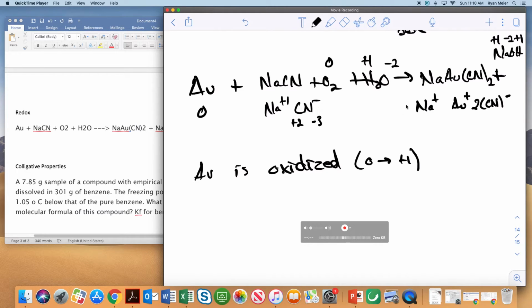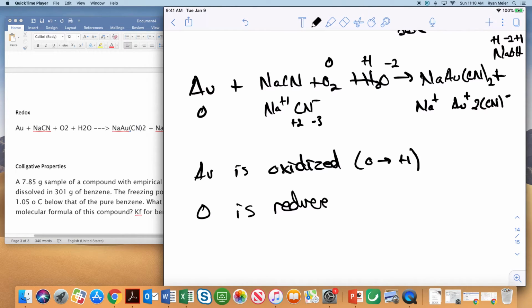Cyanide was plus 2 and minus 3, but it stayed as cyanide on the product side, so its oxidation states will still be the same. The gold we already covered. So then I have the oxygens up here. Sodium's still plus 1, oxygens minus 2, but I had some oxygens that were actually 0 to start, so that's what is getting reduced. Oxygen is being reduced, the O2 going from 0 to minus 2.